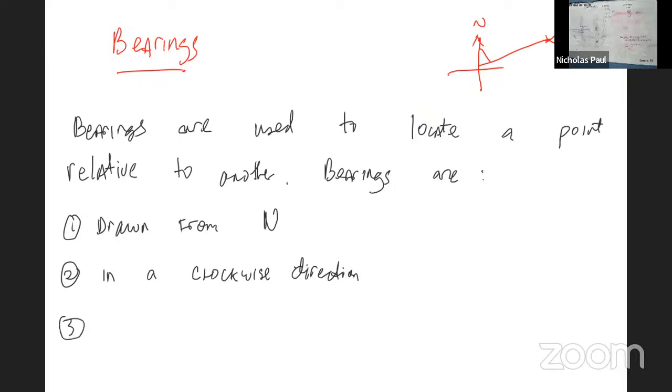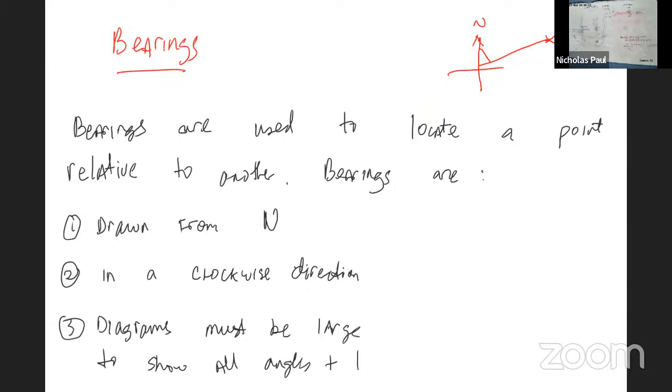And number three, diagrams must be large to show all angles and lengths. Okay, so those are the three most important things: you always draw from the north in a clockwise direction, and you want a nice large diagram.